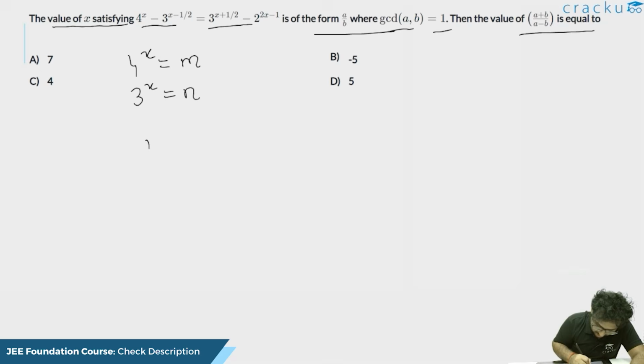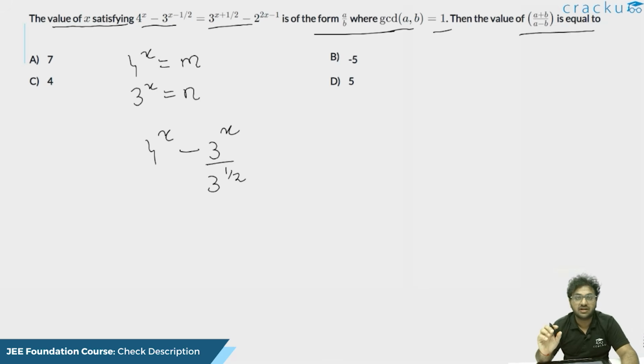So let us start. First of all, 4 to the power x minus 3 to the power x divided by 3 to the power 1 by 2. Whenever the base is the same and the power is a fraction, we can subtract it.